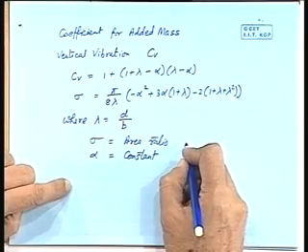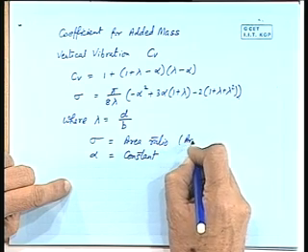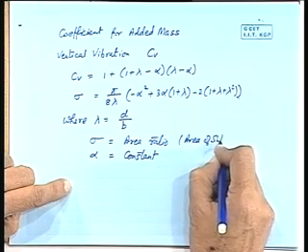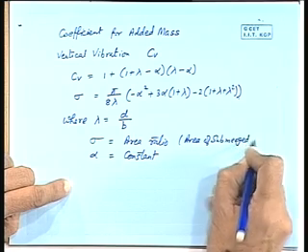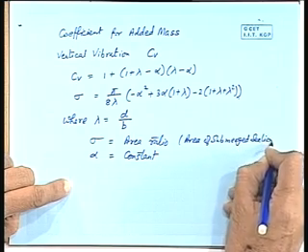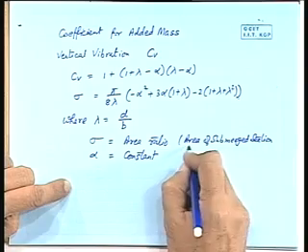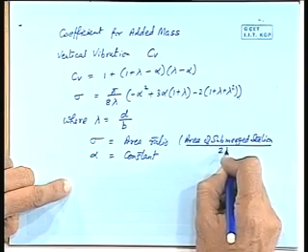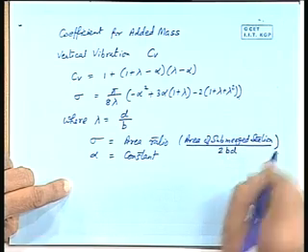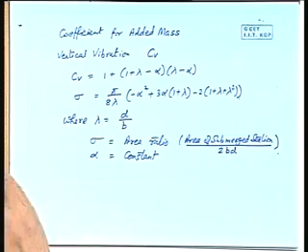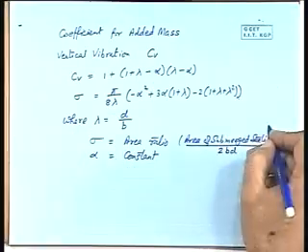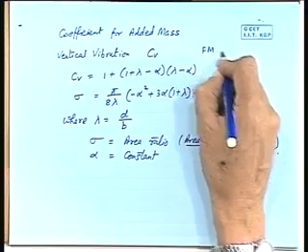Now, this area ratio is area of submerged section divided by 2BD. Okay. This was given by F.M. Lewis.